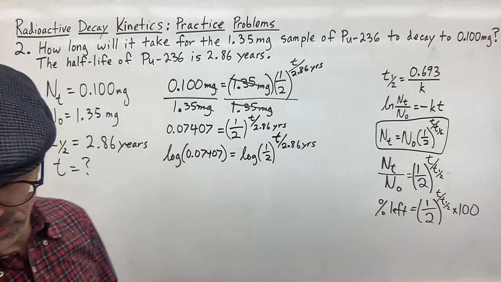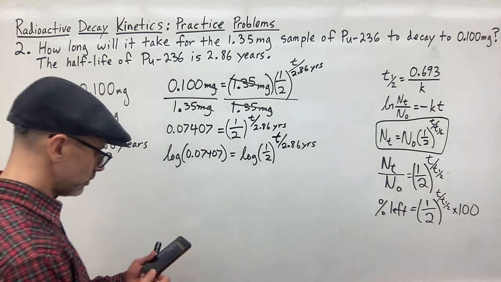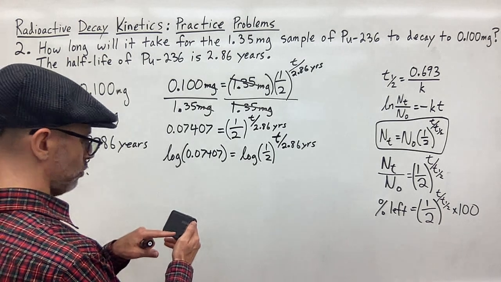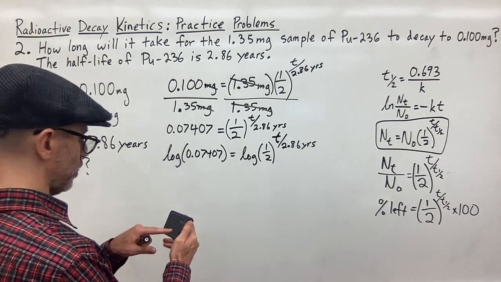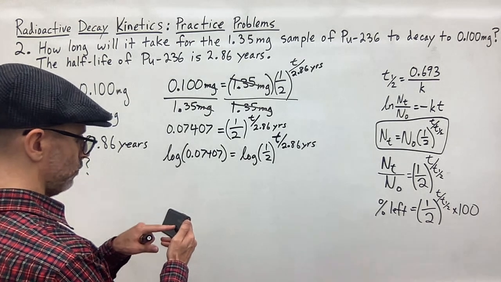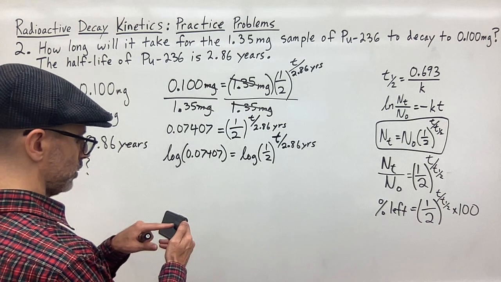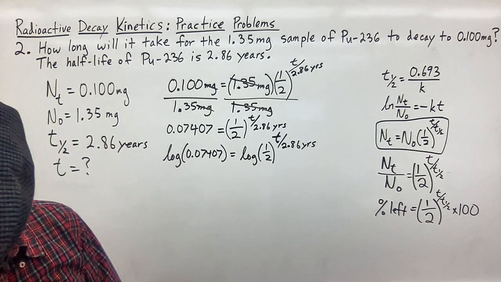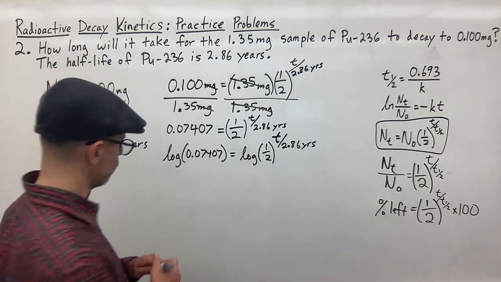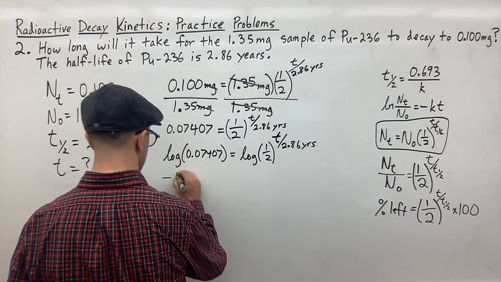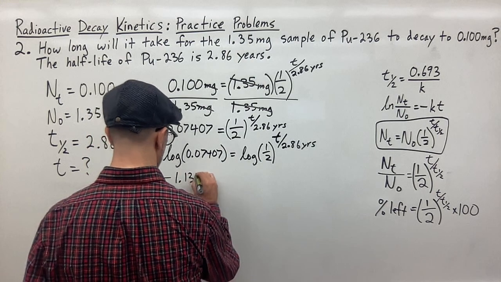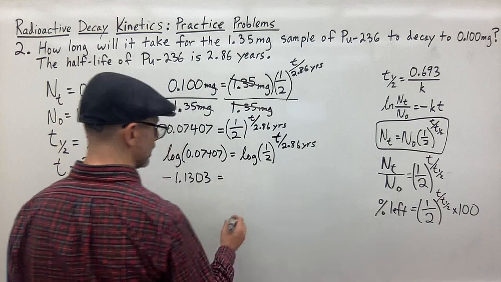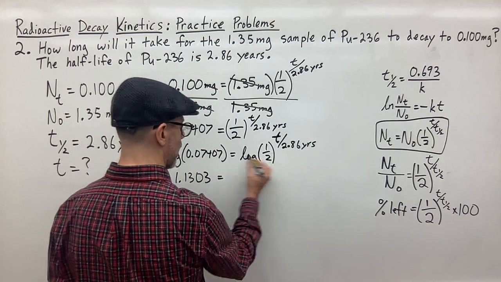The log of 0.07407 is going to be a negative 1.1303.